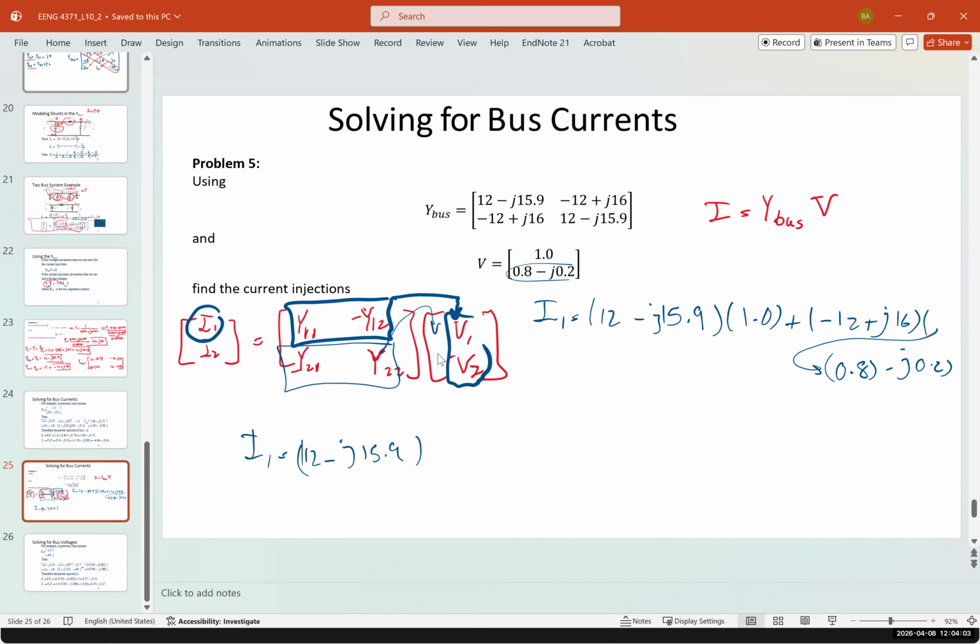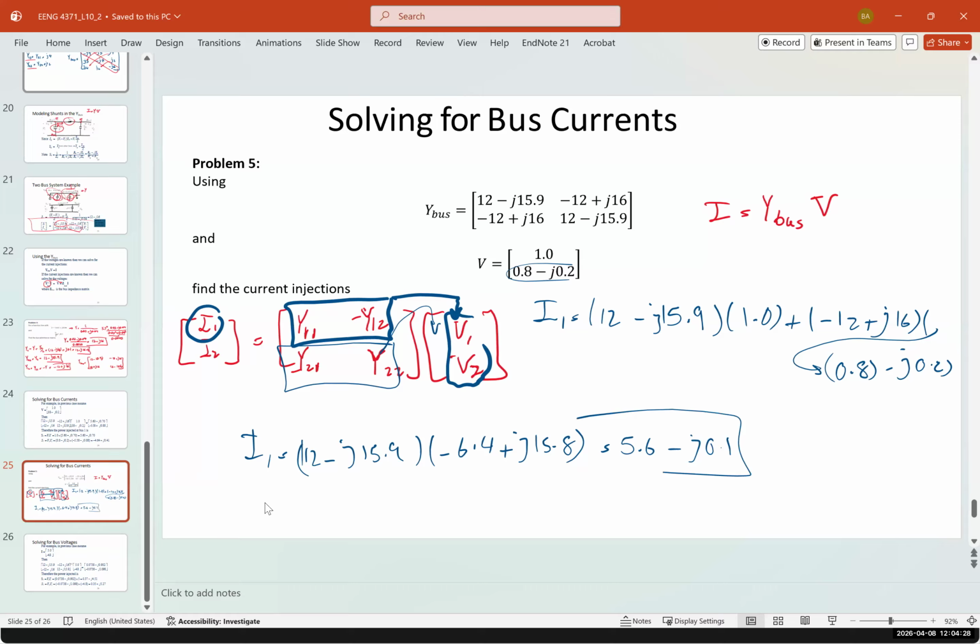And if I multiply the second ones, it's going to be negative 6.4 plus J15.8. Again, you can convert it to polar form and then find it, which is going to give us 5.6 minus J0.1.